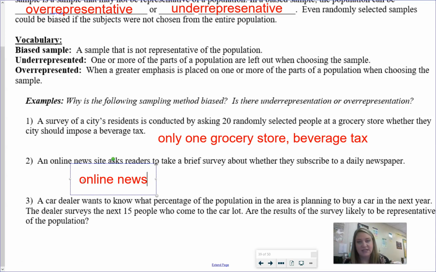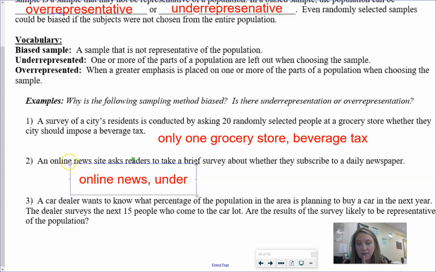Does that make sense? So they are underrepresenting the people who get the newspaper. They're not getting a piece of a sample of everybody. They're solely asking people who go online to get news. They're definitely leaving something out. Okay, so this would definitely be underrepresenting the news people. They're very much only looking at the online news people.